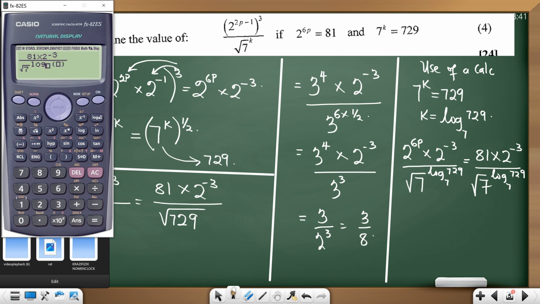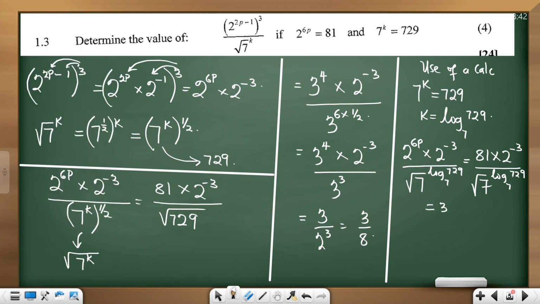Square root. Log. Wow, this is real nonsense. 729. 3 over 8. They did not say without the use of a calculator. So 3 over 8. I don't think they would penalize me because there's no rule. It's their error there.